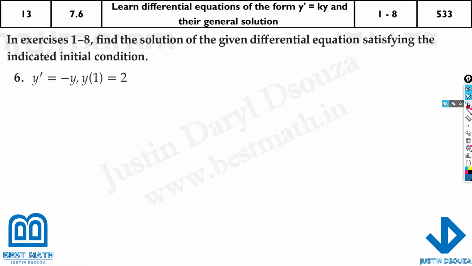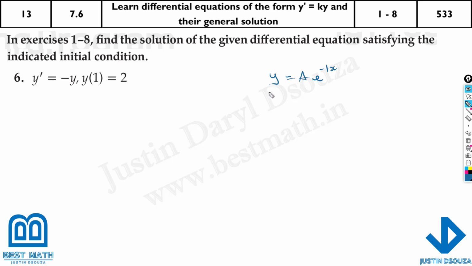Now here as well, they have given y of 1. So what you need to do is, now what is the k value? It's minus 1. y is equal to a e to the power minus 1 x. But y of 1 is given equal to 2, not y of 0. If y of 0 was there, directly write that as the a value.